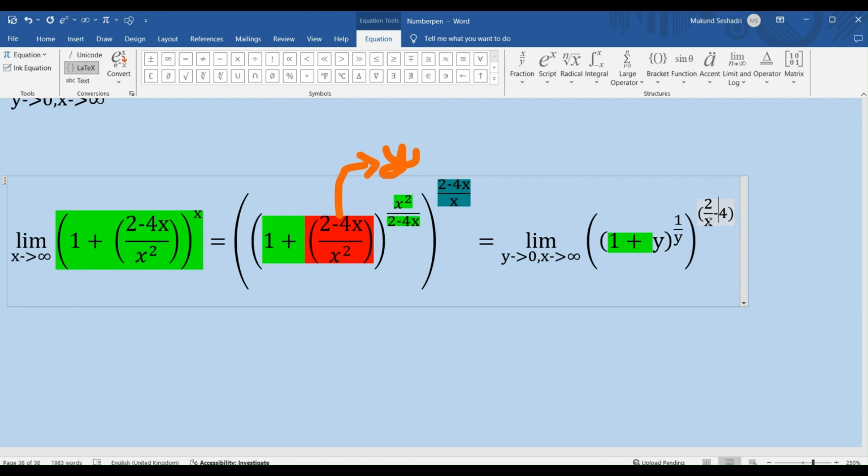And as x tends to infinity, my 2 by x tends to 0.